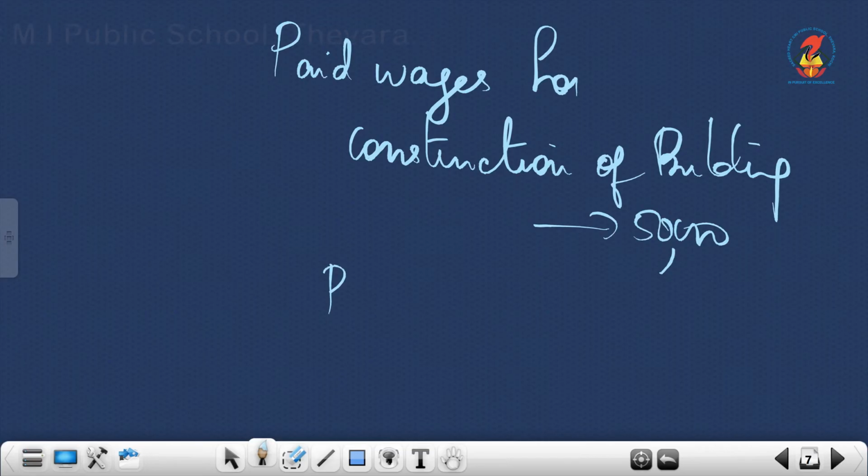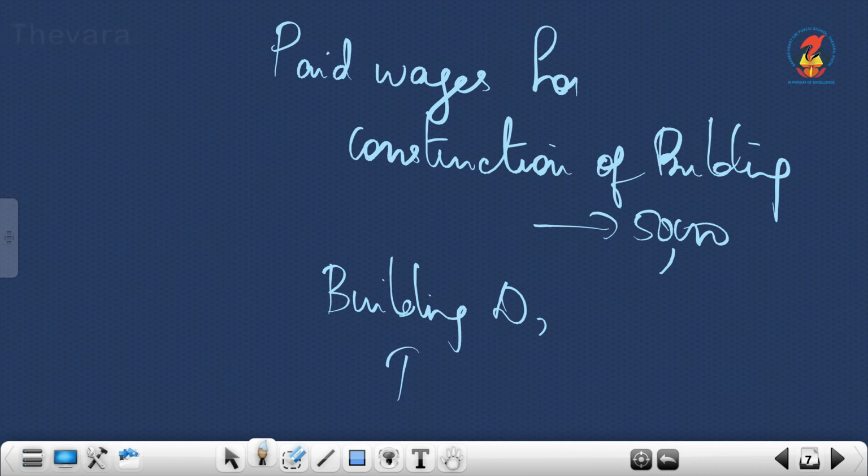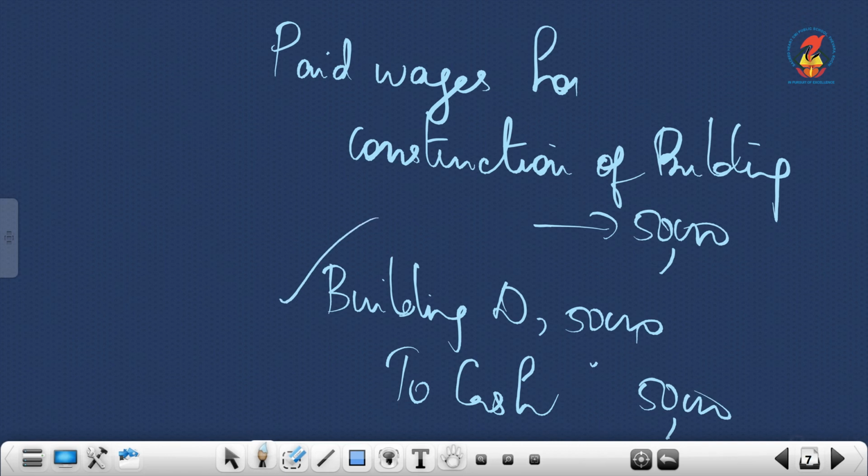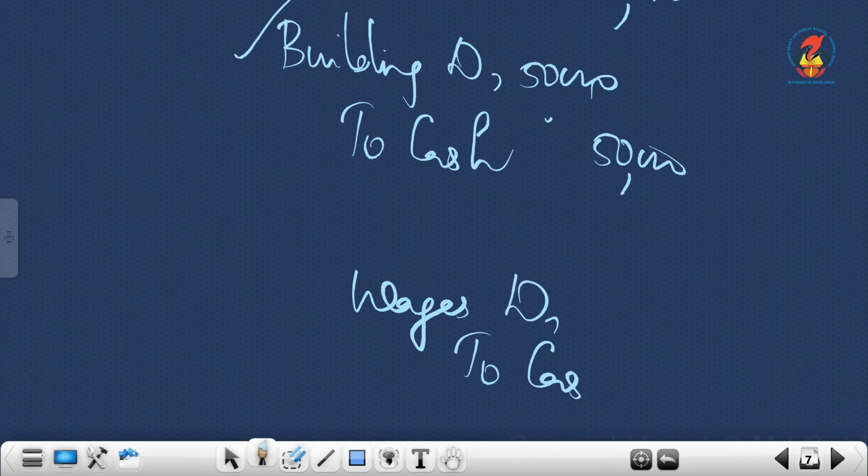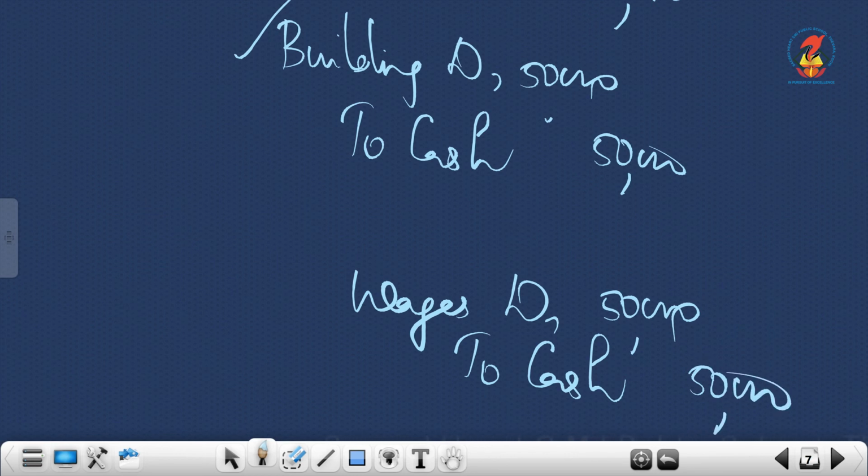We have learned these entries before, and you must write the journal entry as Building account debit to Cash 50,000. This is the correct entry, but instead of that, you wrote Wages account debit to Cash account 50,000. This is the wrong entry, but will it affect the trial balance?